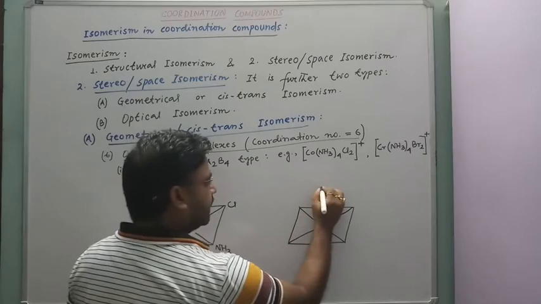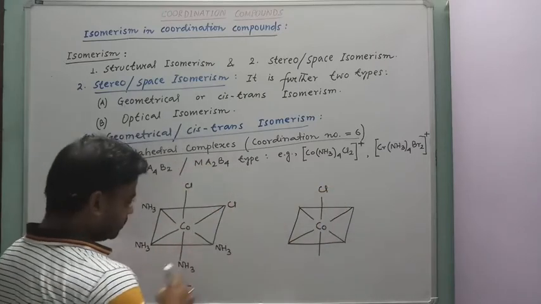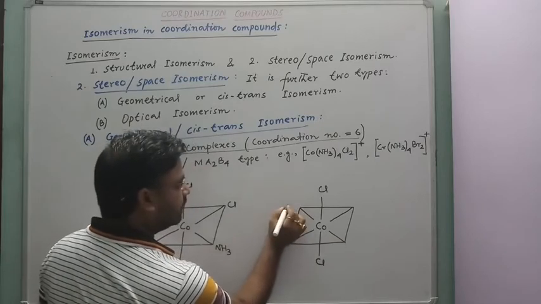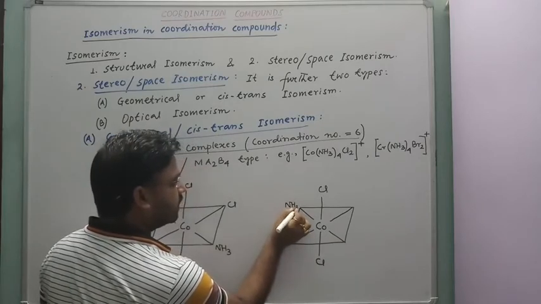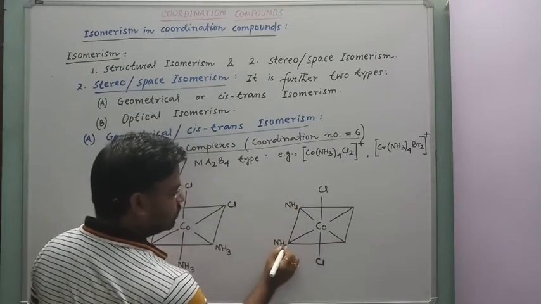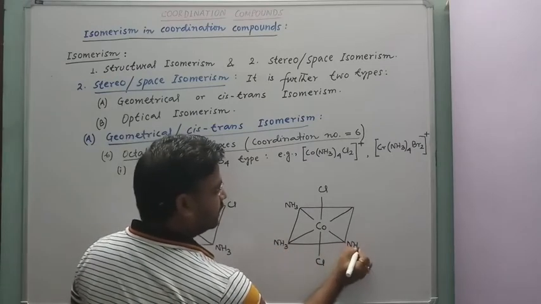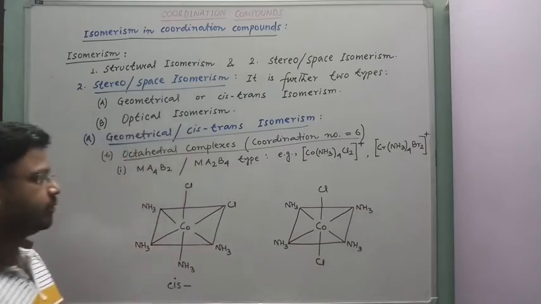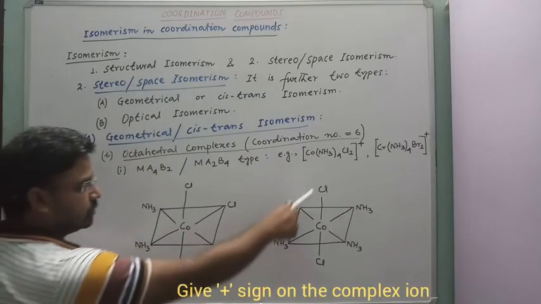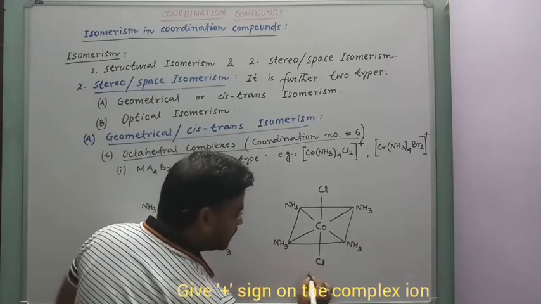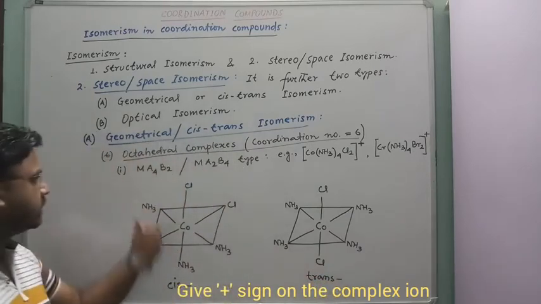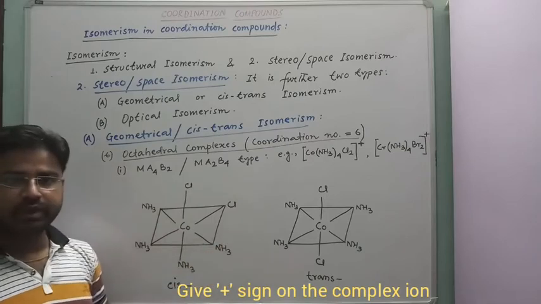Now chlorine, and this chlorine comes here in the opposite plane, and all four NH3. So chlorine in the opposite plane, so it is trans isomer, Ma4B2 type.